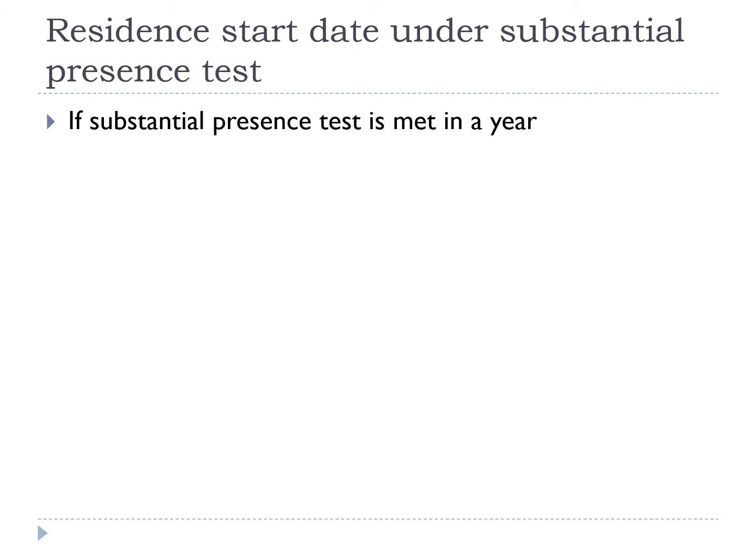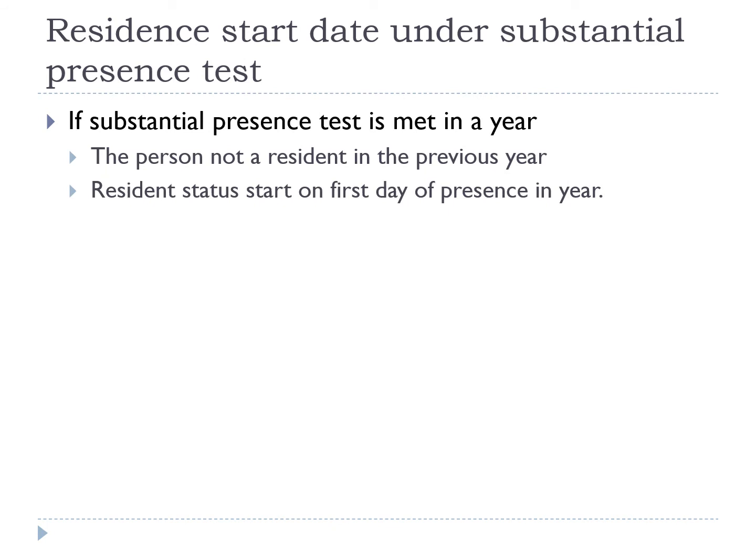If resident status is based on the substantial presence test with respect to any taxable year, and the person was not a resident in the previous year, then resident status starts on the first day the person is physically present in the United States during such calendar year.